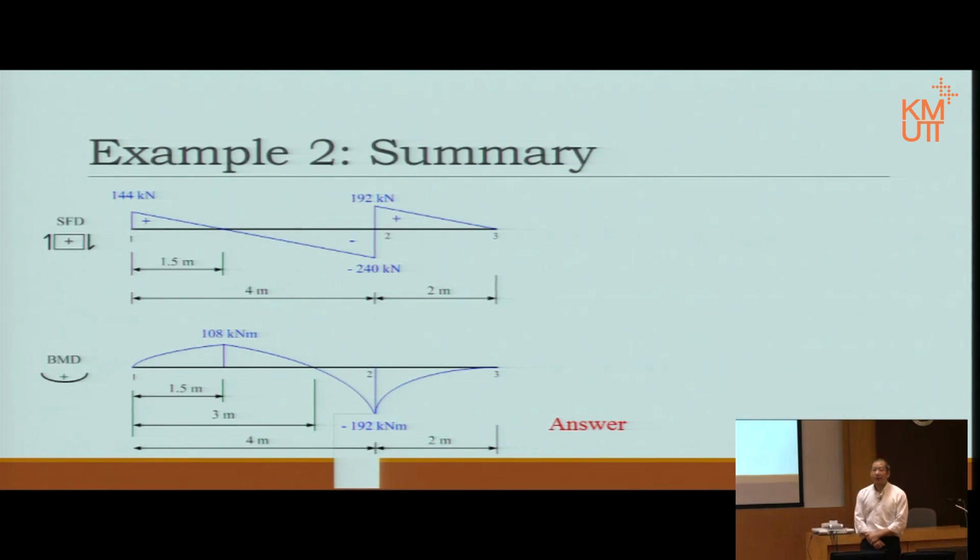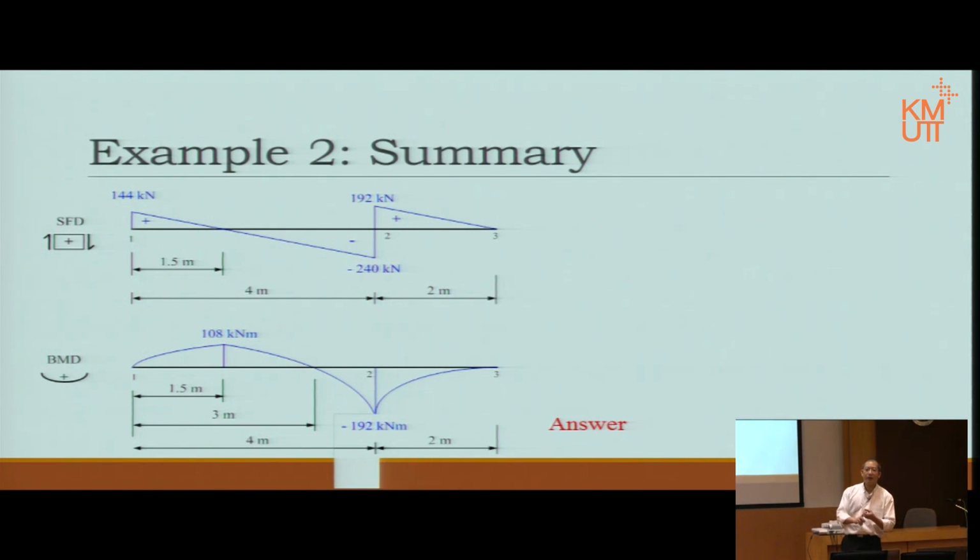And that actually concludes the lesson for today. So, today we learned a new technique on how we can draw the shear force diagram and bending moment diagram. Meaning at this moment in time, we should be able to draw the shear force diagram and bending moment diagram with two techniques.